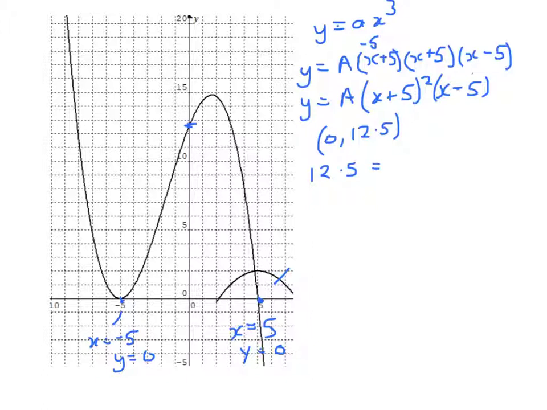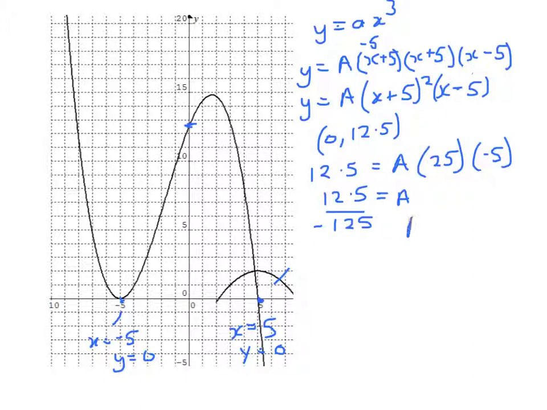But if you're confident, that's fine, just work it out. My x is 0, so that's going to be 0 plus 5 squared is 25, times 0 minus 5 is -5. So a equals 12.5 divided by 25 times -5, which is -125, I think. Yes. So a equals -1/10, or -0.1. When you're using equation solver, don't forget execute.